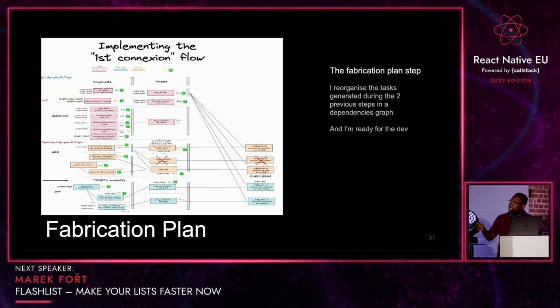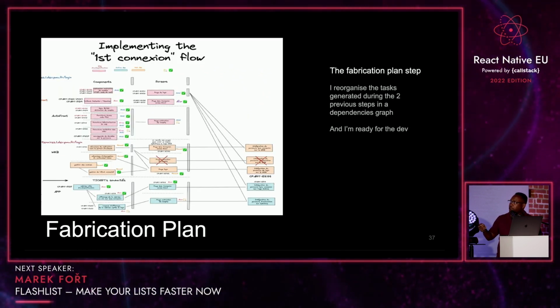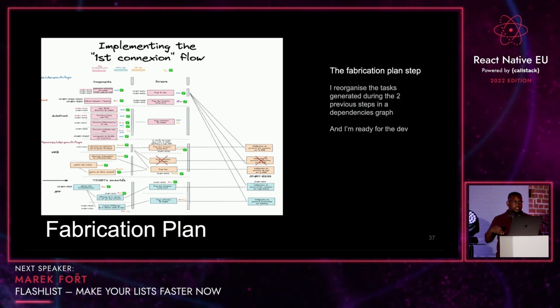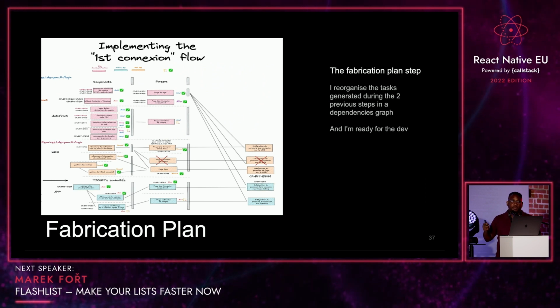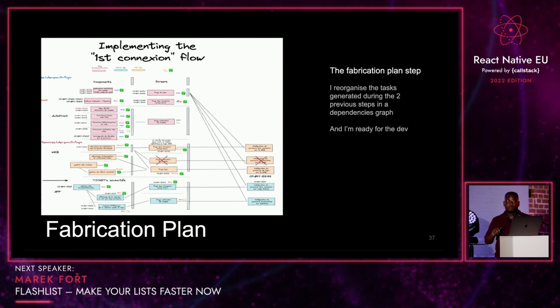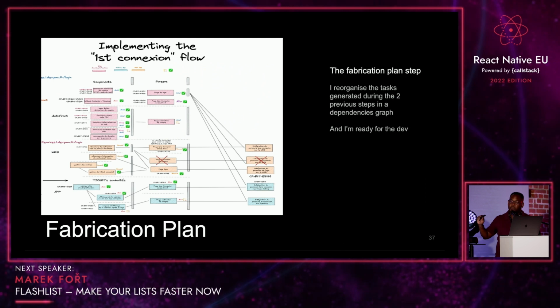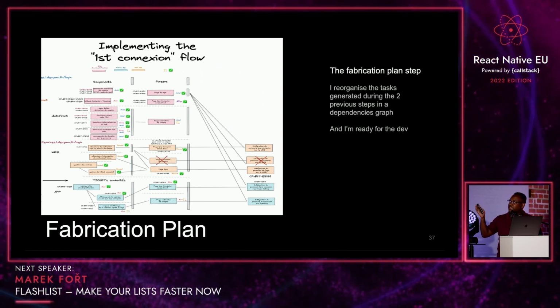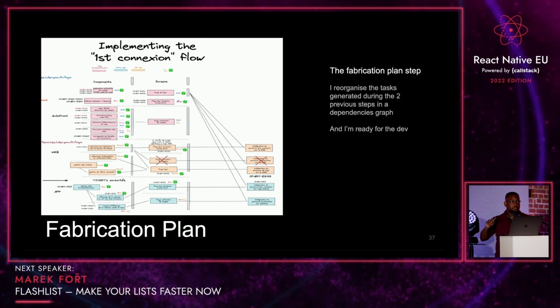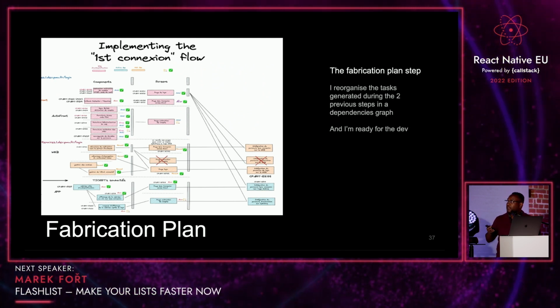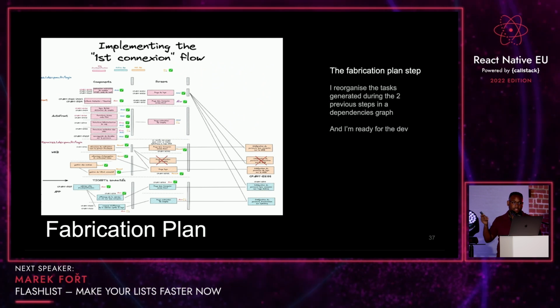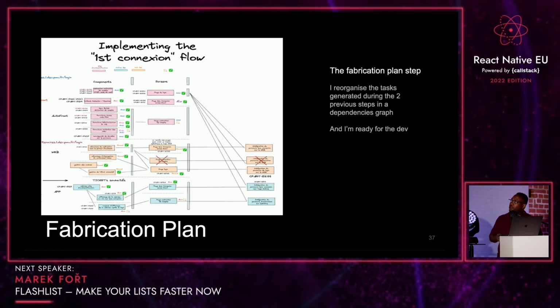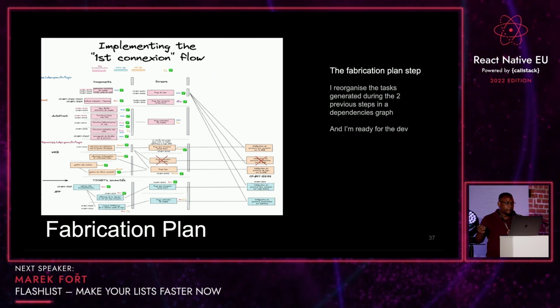For instance, this is an example of the fabrication plan we just made in my current project, where I was able to put 5 developers on 3 applications that communicate with each other. So the analysis of the data flow helps us to make it clean and to be confident in the development of that complex feature.